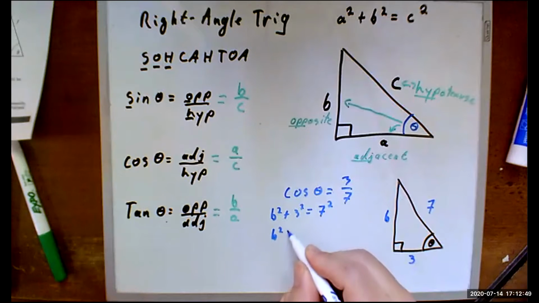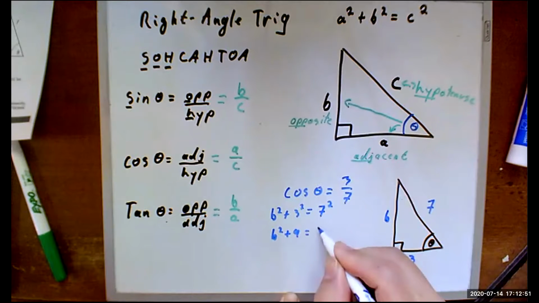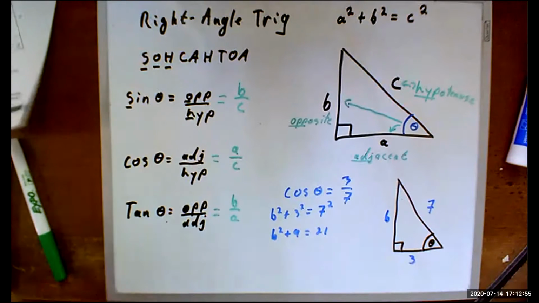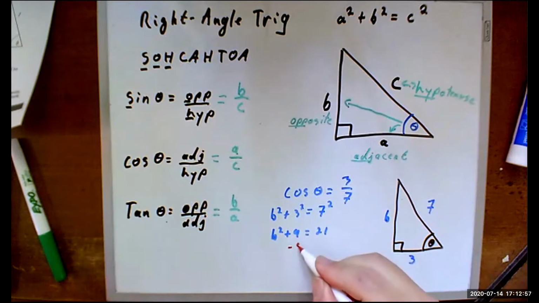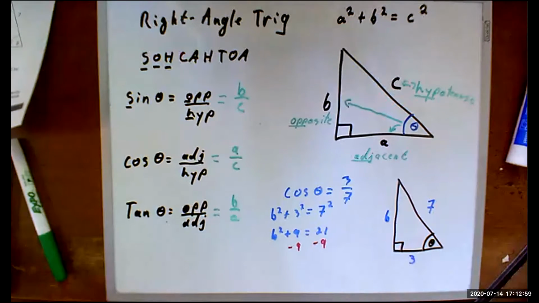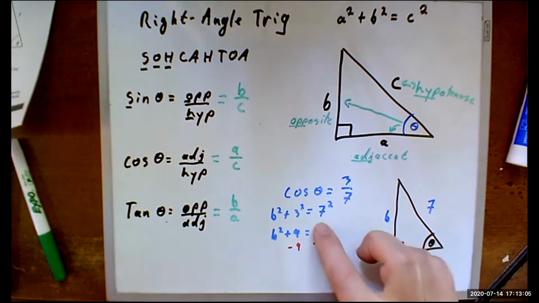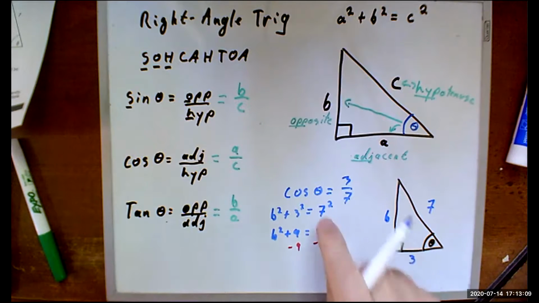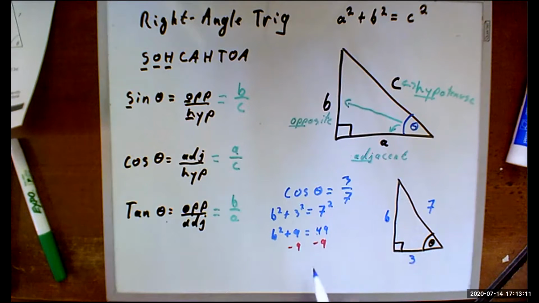So B squared plus 9 equals 49. We subtract 9 from both sides. Sorry, I said 21 at first. 49, that's better. 7 times 7 is 49. 49 minus 9. B squared is equal to 40.